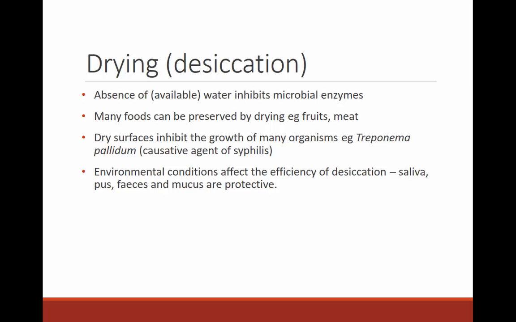Then we've got desiccation, so that just means that things are dry. So you take out the water, take away the available water for the microorganisms to grow, and that's a way of decreasing populations or retarding growth. So you've looked at dried fruit. They can stay quite stable, microbiologically speaking, for a while.